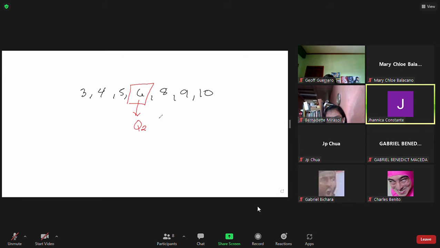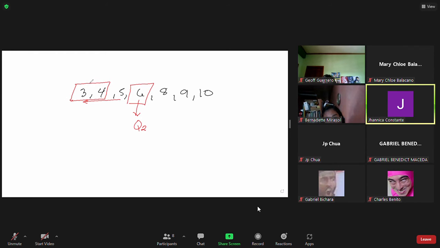To identify our quartile 1 and quartile 3, if the remaining data on each side is an odd count of numbers, you're going to get the first two numbers, half the sum of the first two numbers.